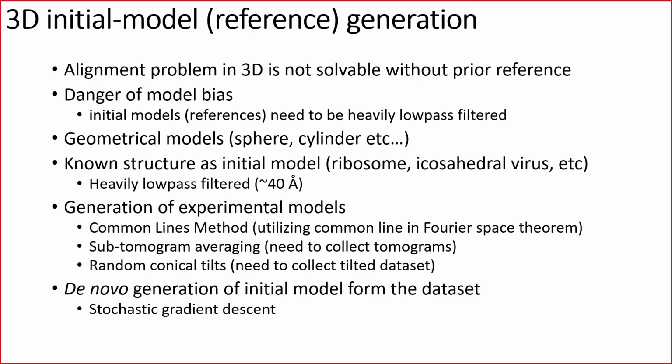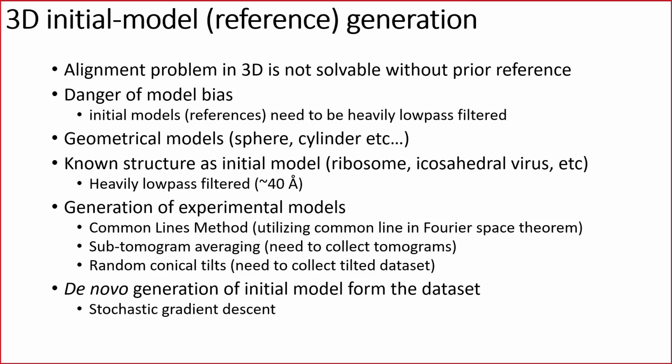And this is called overfitting, and it leads to something that if you put in something as an initial model, you will likely get something very similar to this initial model when you align your particles, and it's misleading that that's the true structure.